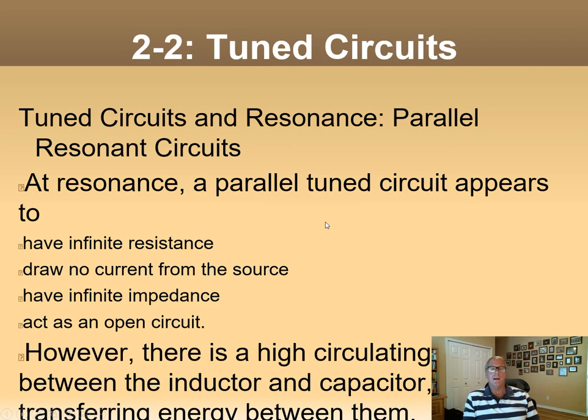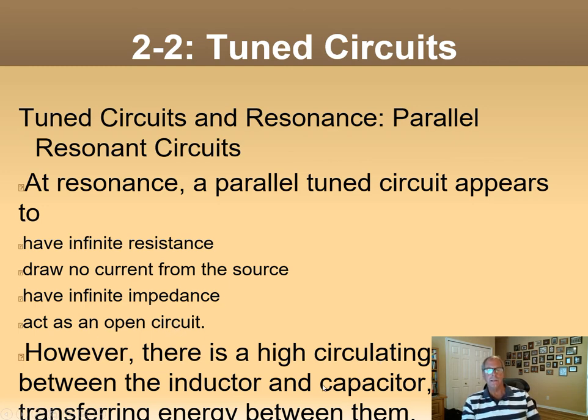At resonance, the parallel tuned circuit appears to have infinite resistance and no current. Unlike the series resonant circuit, where the circuit becomes a really low resistance, in the parallel resonant circuit the circuit becomes real high resistance. No current flows. It has infinite impedance and acts as an open circuit.